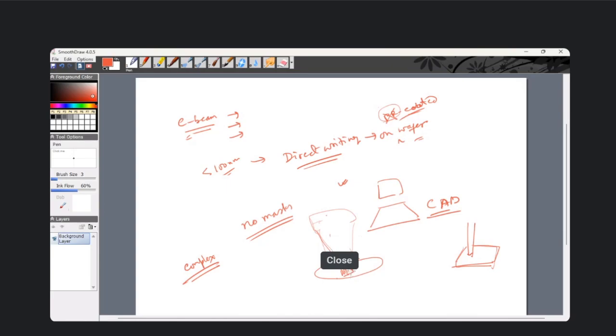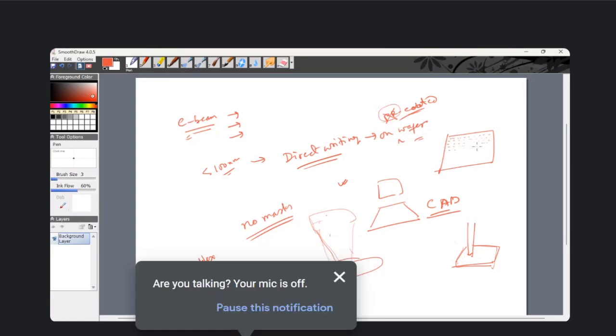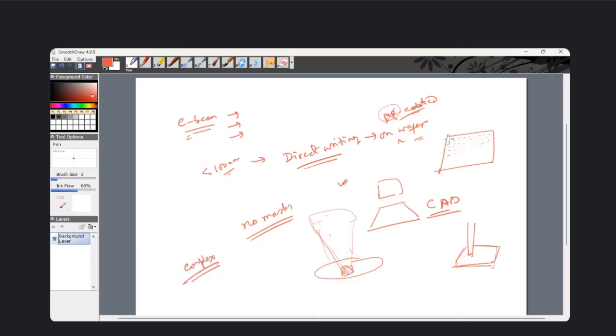But when you are using e-beam lithography, you have to go point by point. You have to scan, like raster scanning, which you are familiar with. Suppose this is a die.